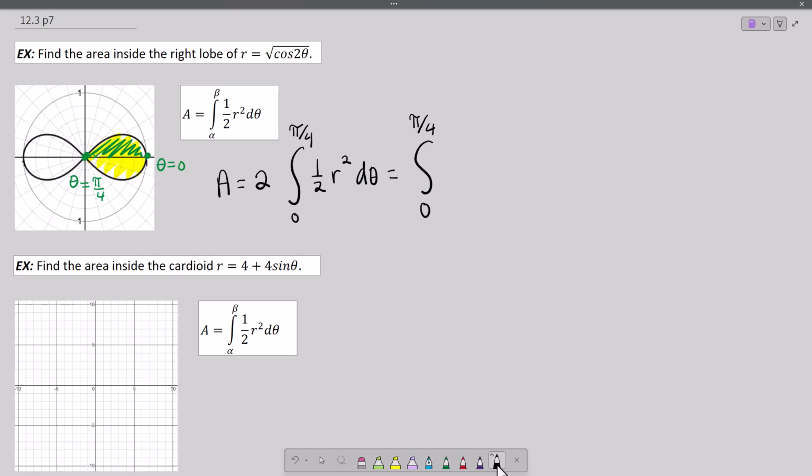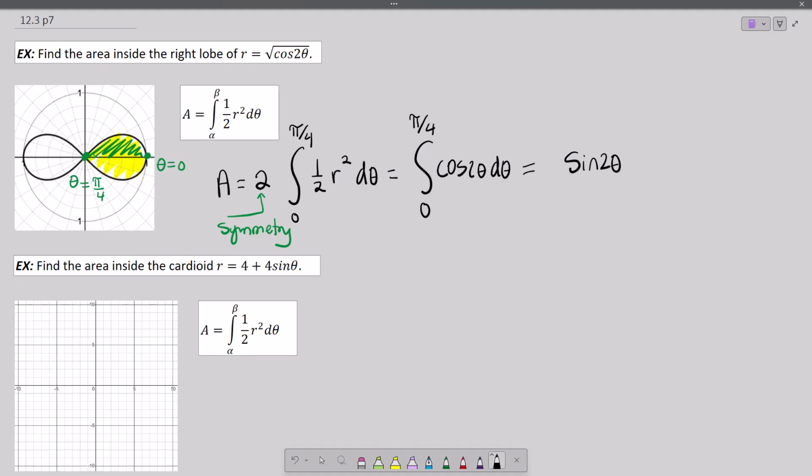And when we square this, we get cosine of 2 theta. So we substitute the curve in for r. We're going to use symmetry, so this 2 right here is by symmetry. And then we have this integral of cosine 2 theta, which we know how to do.